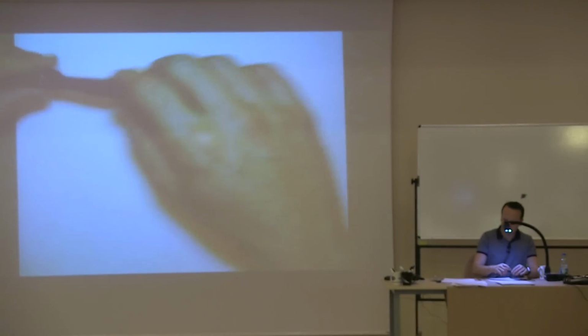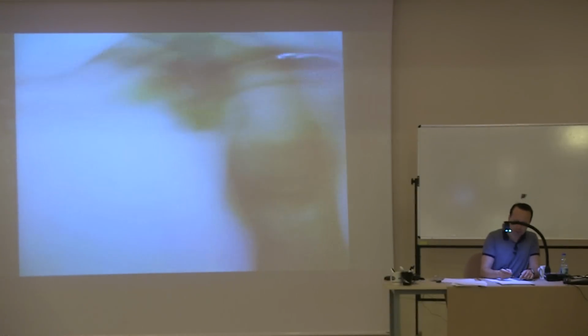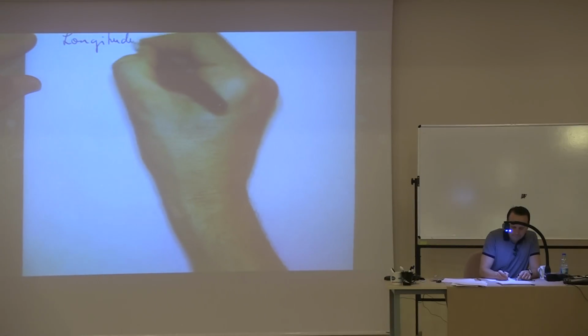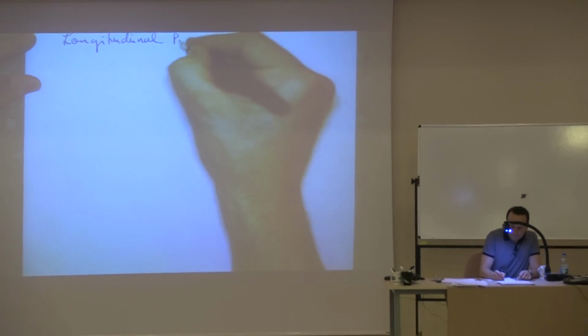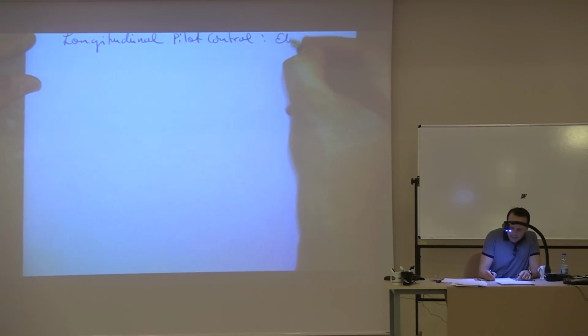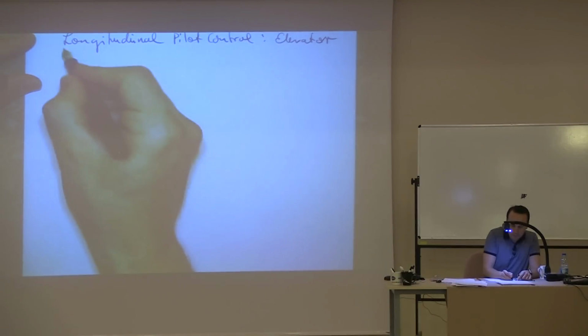Okay. So let's talk a little bit more about the control. The pilot control, longitudinal pilot control. It's the elevator. Okay, we touched it a little bit, but let's talk a little bit more about this.